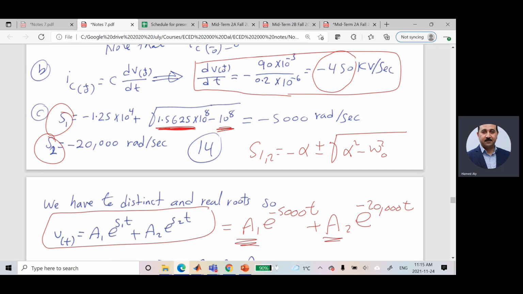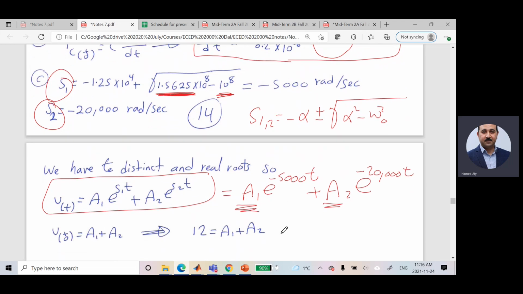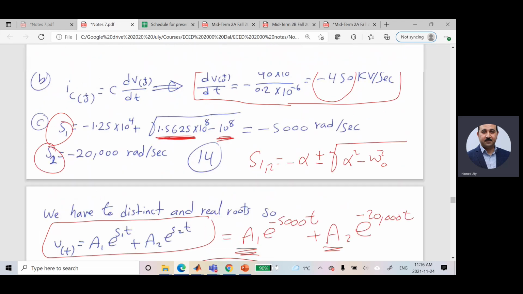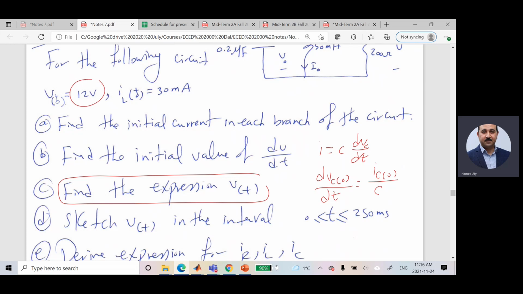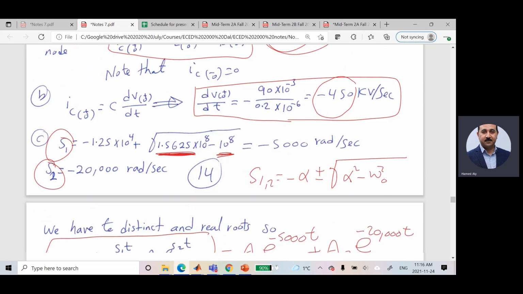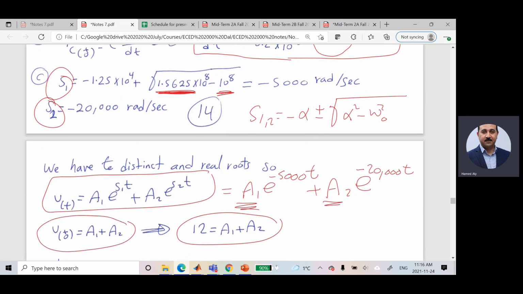So I will let t equal 0. V of 0 will be equal to A1 plus A2, because e to the power 0 is 1. I know the initial voltage across the capacitor was equal to 12, so 12 is equal to A1 plus A2.